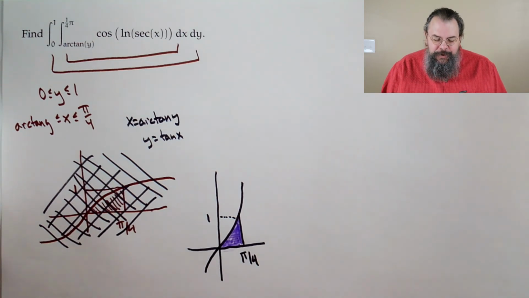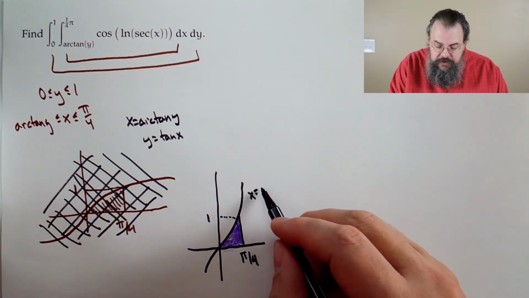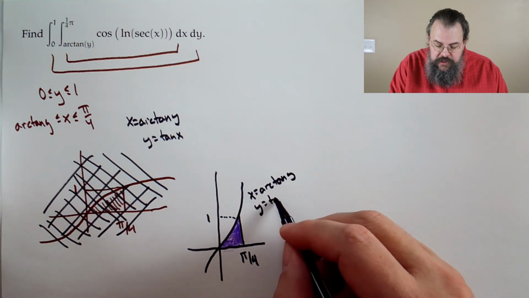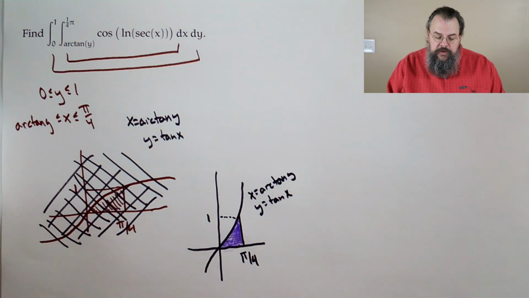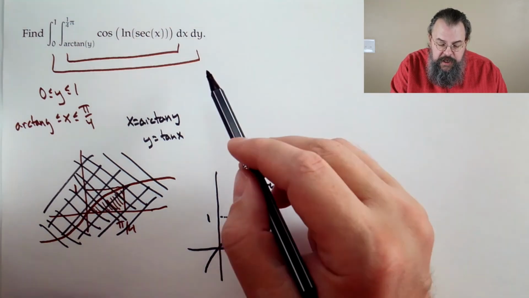All right. Well, now that the picture is drawn, x equals arctangent of y is the same as y equals tangent of x. And we say, hey, wow, beautiful region, right? Because what does our region become?